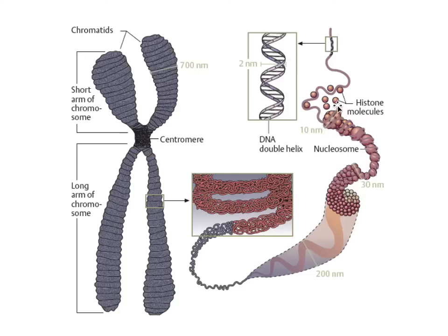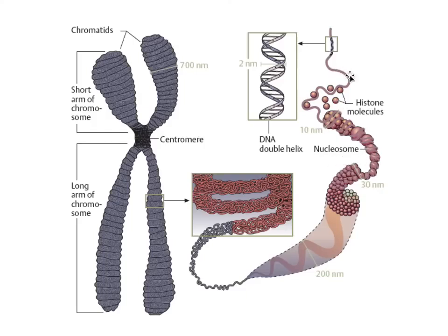Remember that histones are proteins, so they have to be created by cells. We're going to talk about this in a bit. If you have 8 histones with the DNA wrapped around them, we call this unit a nucleosome.